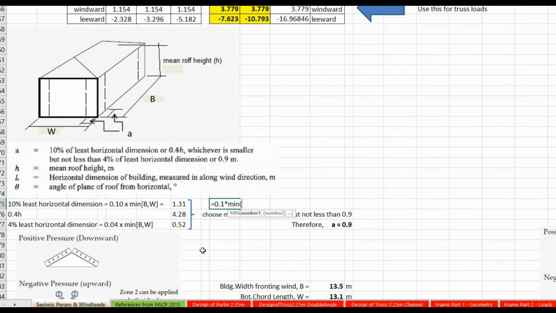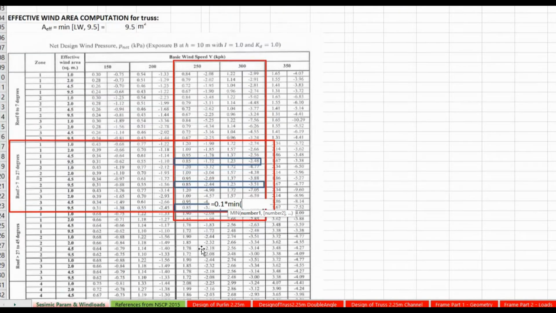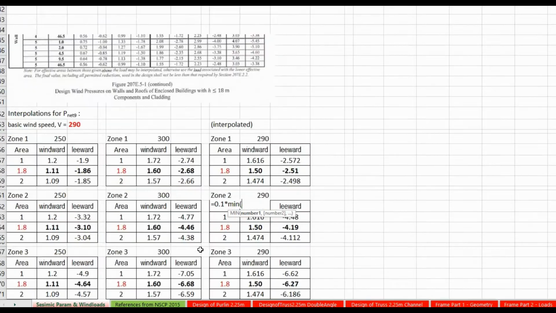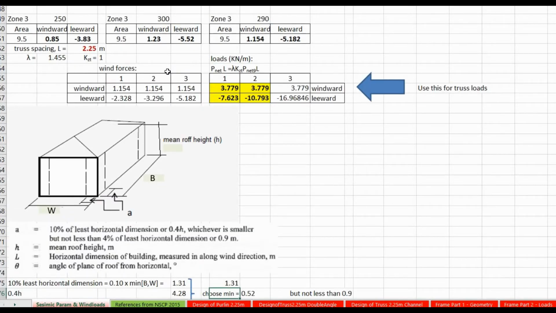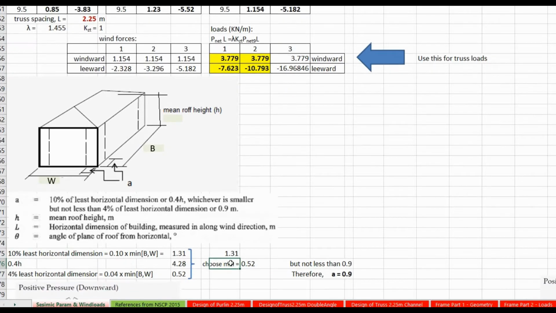Dalhin natin siya sa B. Ito yung B. Ayan, B. Tsaka, comma, itong W. Then, close parenthesis. So, that is 1.31.